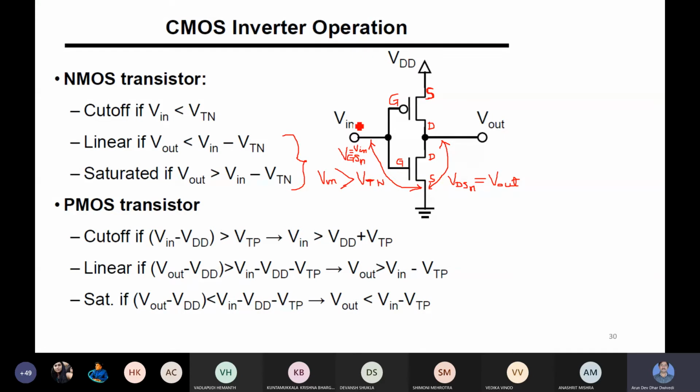At the gate the input voltage is V in, and at the source the voltage is VDD. So what is the value of VGSP, the VGS for the P-channel transistor? Tell me.